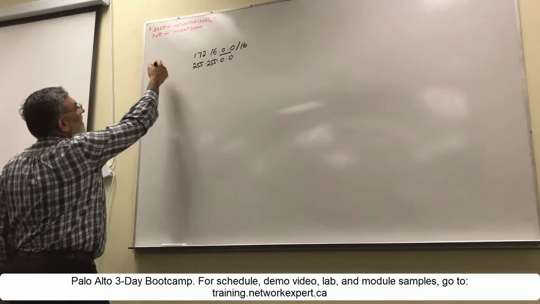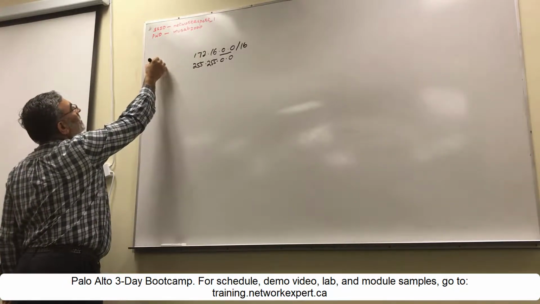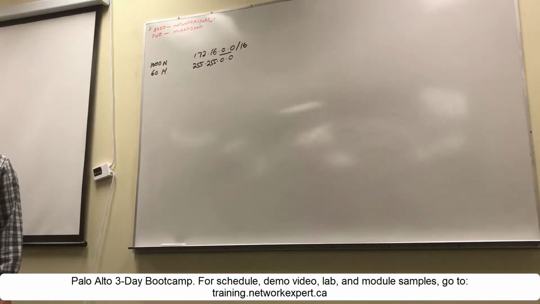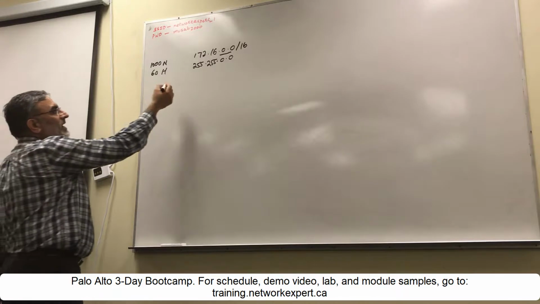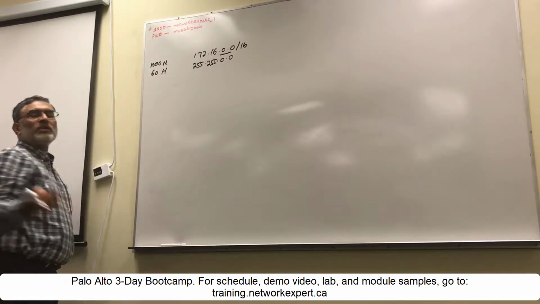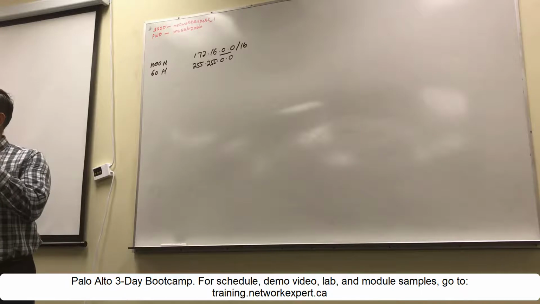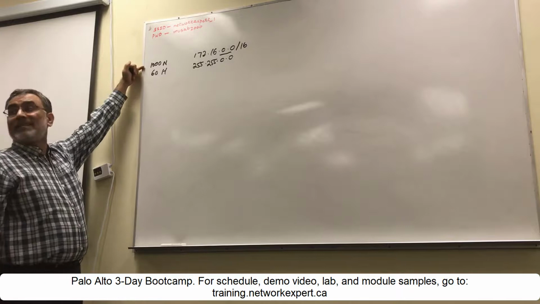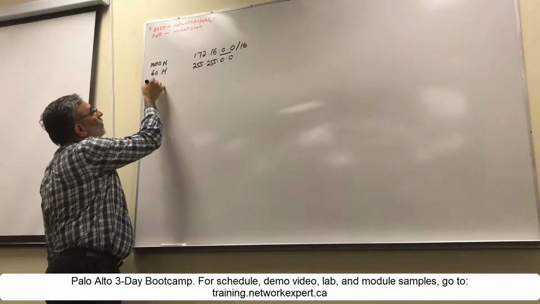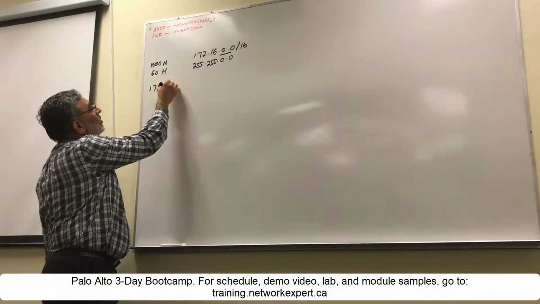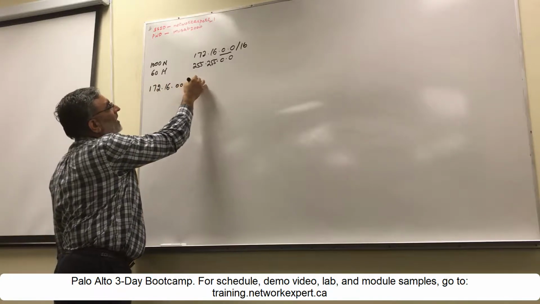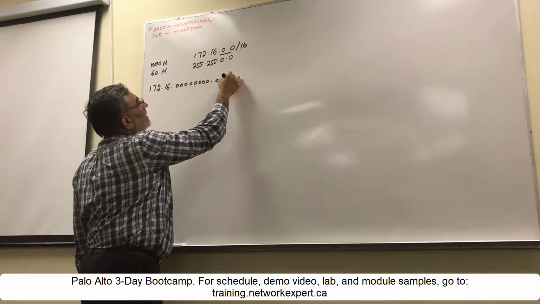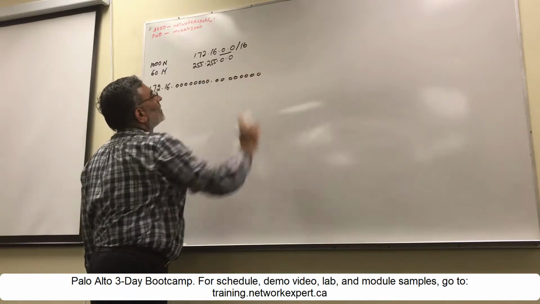So the requirement was to break this further down into 1000 networks with 60 hosts on each network. The first step is to decide how many bits we want to move from the host portion into the network portion that will meet the requirement. 172.16, then 1, 2, 3, 4, 5, 6, 7, 8.